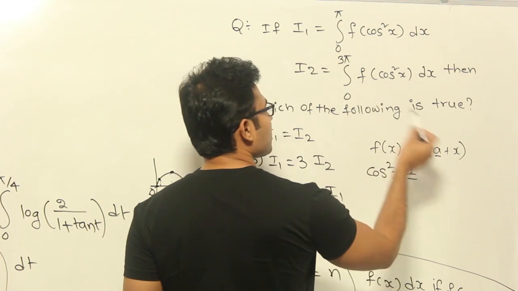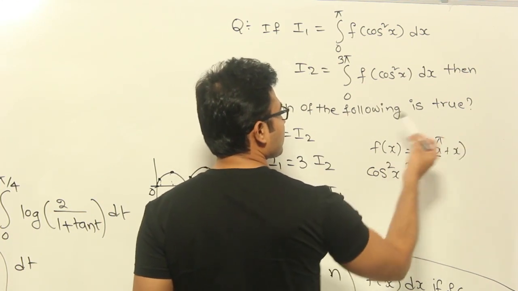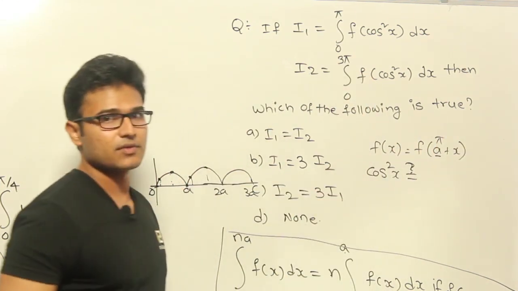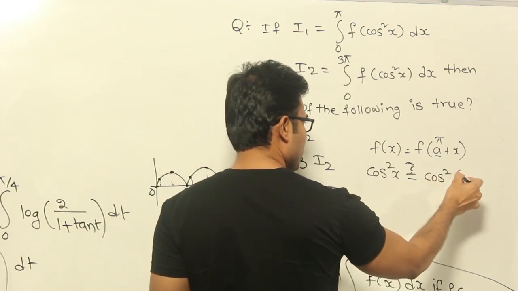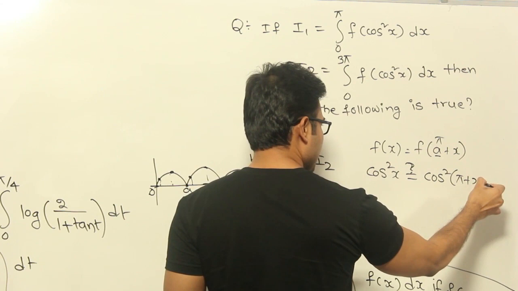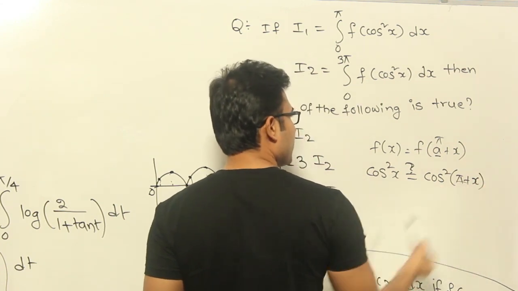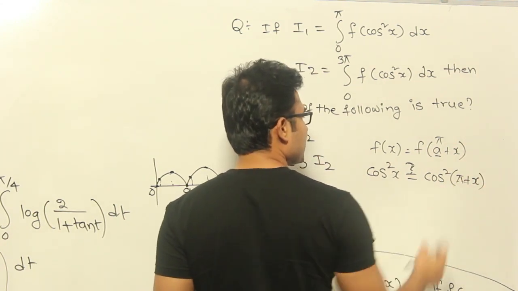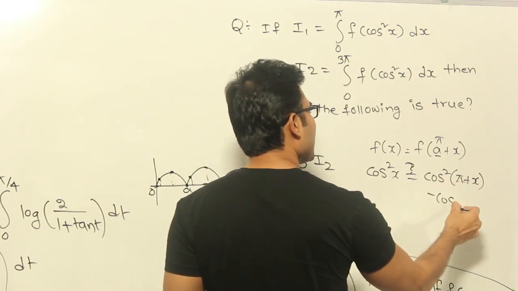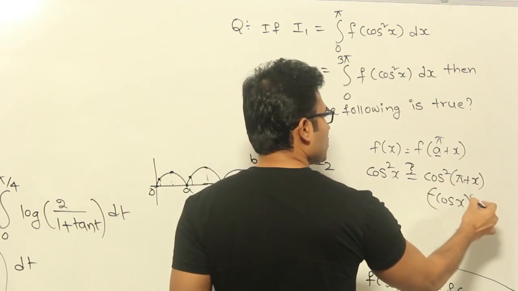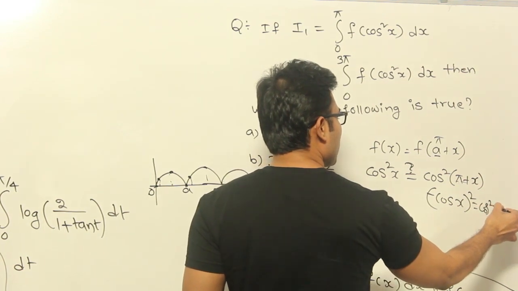So what is a here? It is pi, isn't it? 0 to pi is given. Therefore I need to check cos square of pi plus x. Now what do we know about cos of pi plus x? Cos of pi plus x is minus cos x, but then the square is given, therefore minus cos x whole square, which is cos square x.